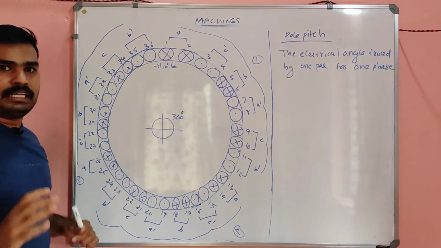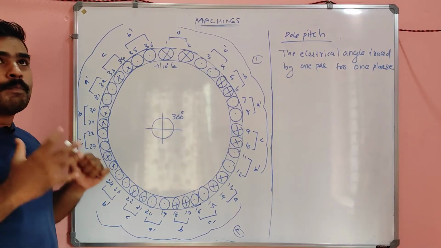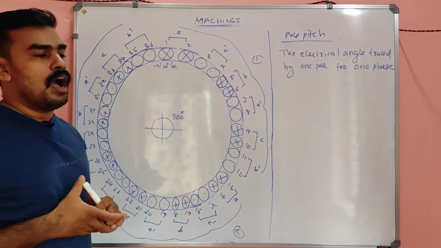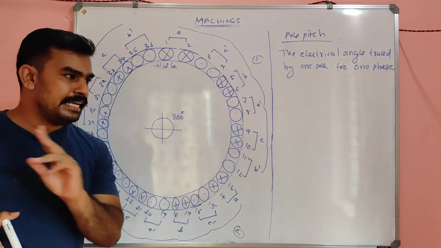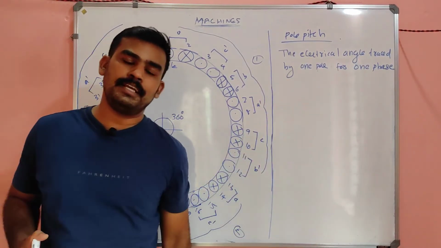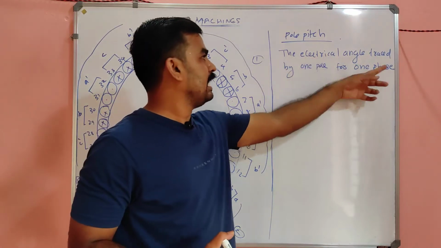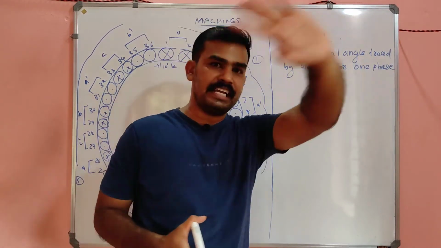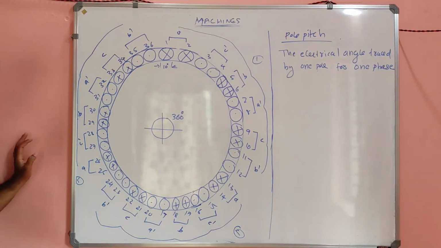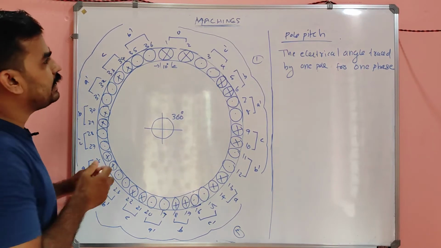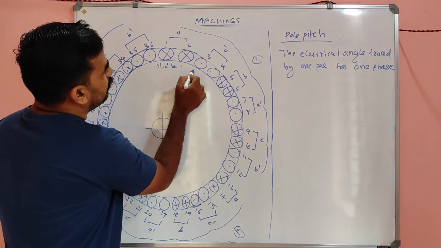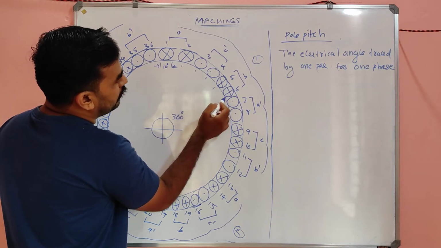Pole pitch means, how much pitch means simply length, how much length is covered by a single pole. That's all the meaning of pole pitch: the electrical angle traced by one pole for one phase. So now the mechanical degree is 10, 20, 30, 40, 50.